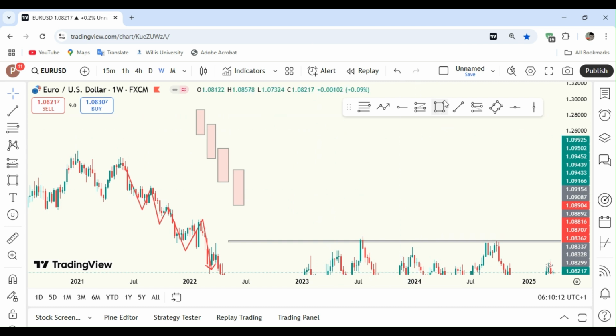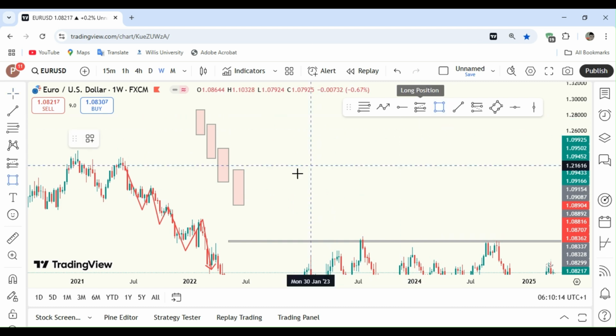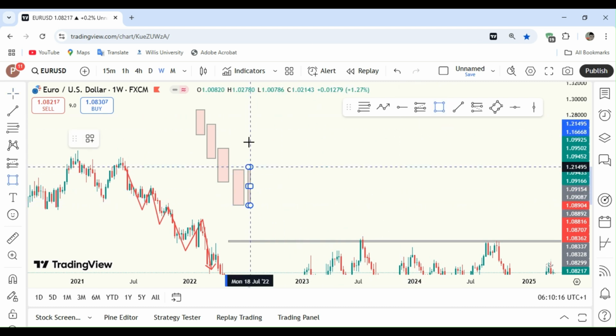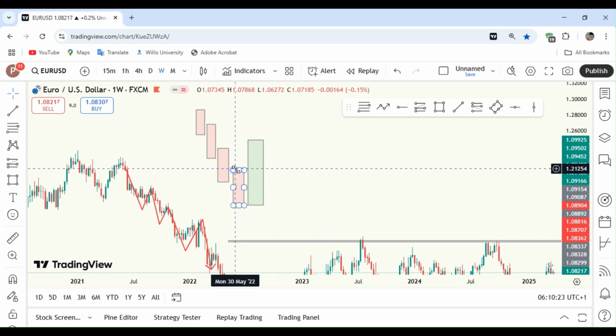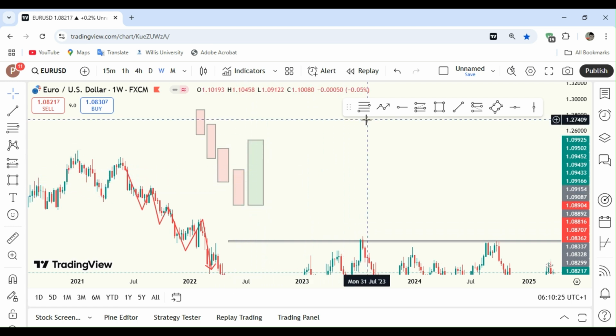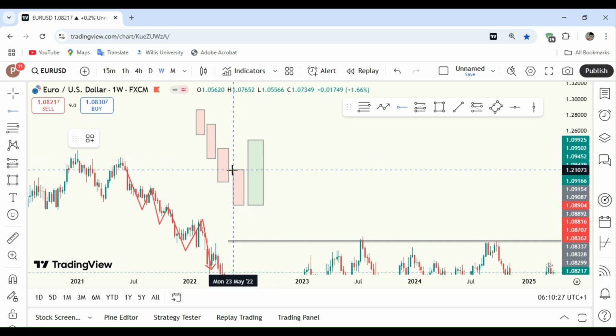Okay, now when we spot a bullish engulfing candle closing above the high of the previous bearish candle, we can say a market structure shift just happened right here.